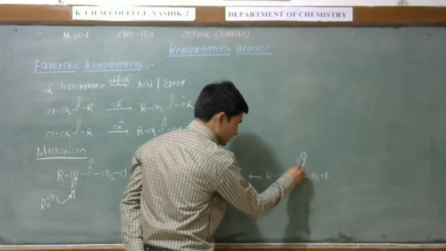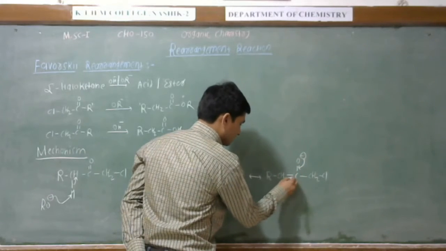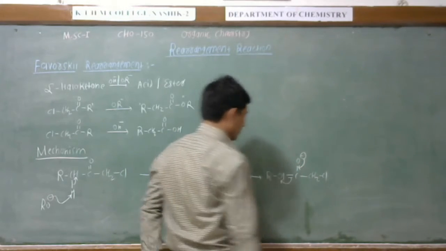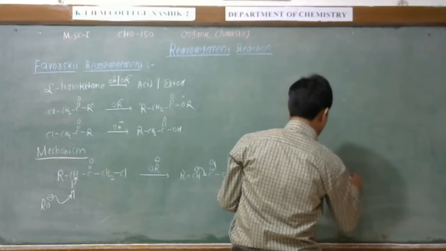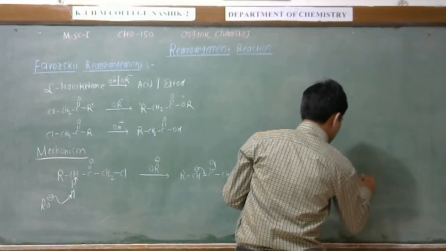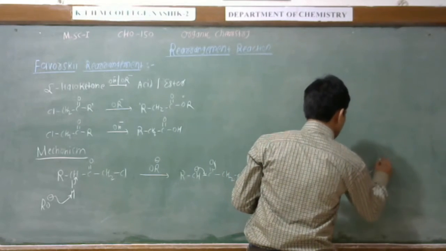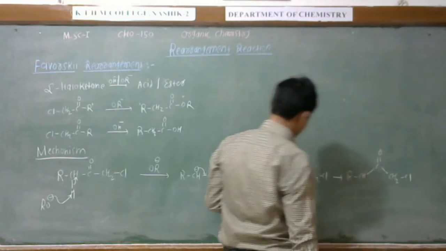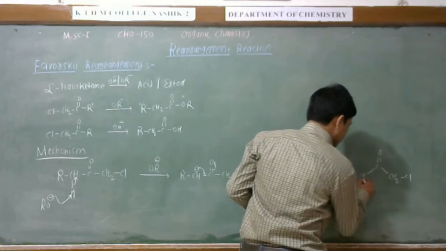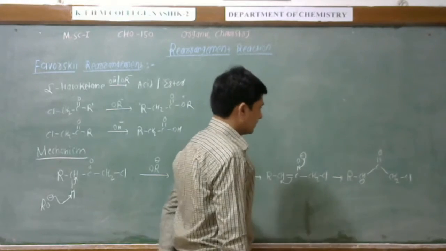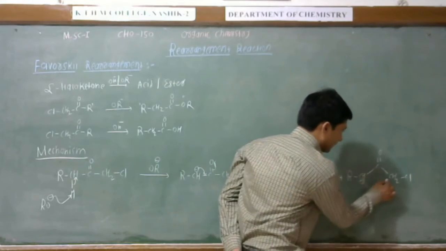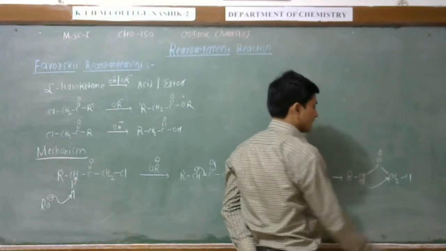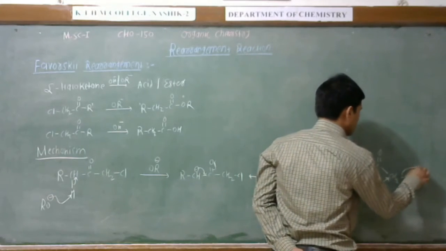This negative charge makes here double bond, and the negative charge will be formed on the alpha carbon atom. So therefore, this is R, this is CH, this is C double bond O, this is CH2, and this is the Cl. So this is negative charge here, and this negative charge will attach on the another alpha carbon atom, and this halogen will be removed here.